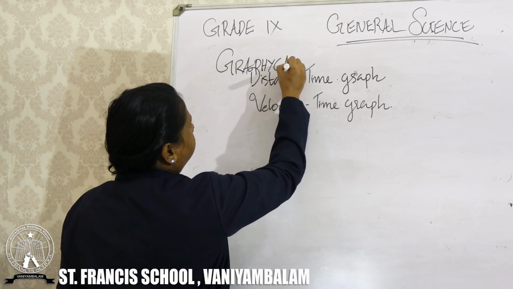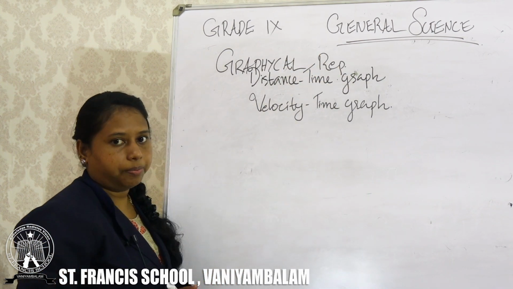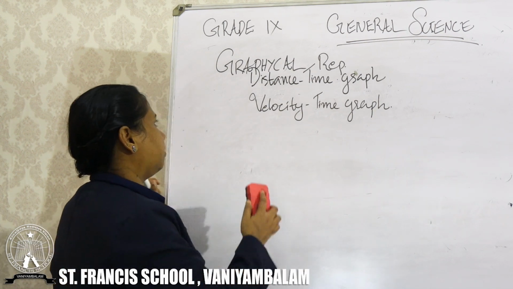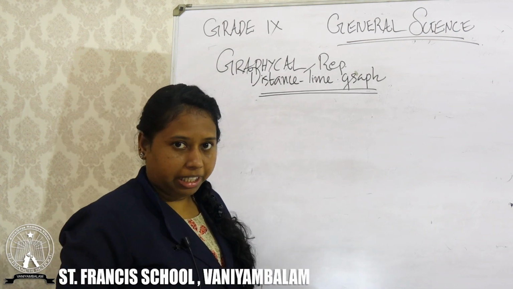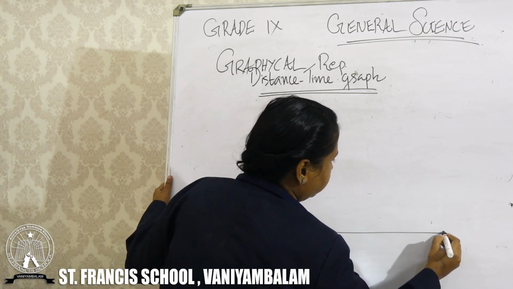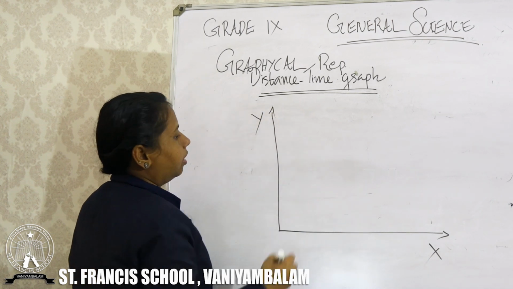Graphical representation of motion. Let us see the first one, distance time graph. You are familiar with the graph, and it has two axes. This is the x-axis and this is the y-axis.